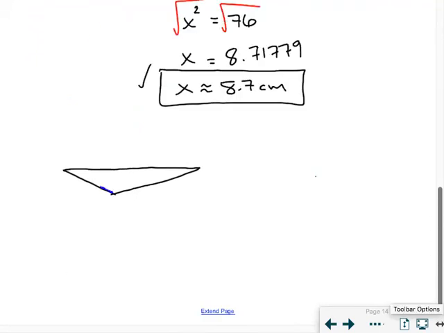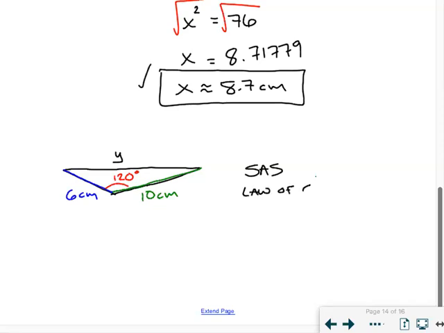This side measures 6 centimeters. This side measures 10 centimeters. This angle here is 120 degrees. This side of the parallelogram is y. Again, this is a side-angle-side scenario.